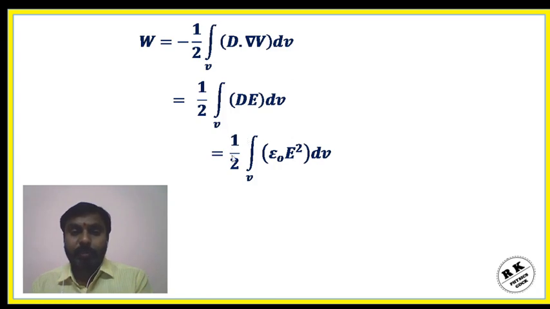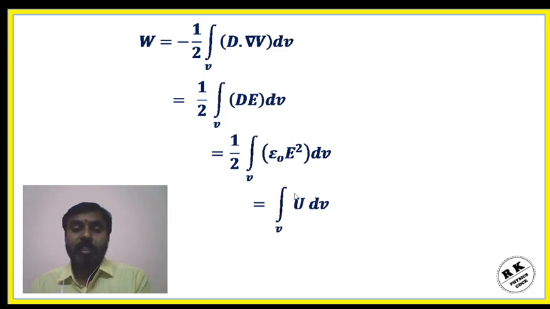As this half is a numeral, it can be brought inside. So half times epsilon naught E square is taken as some u. So the entire equation becomes W is equal to the volume integral of u dv.